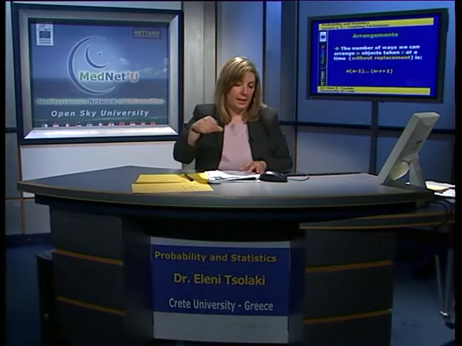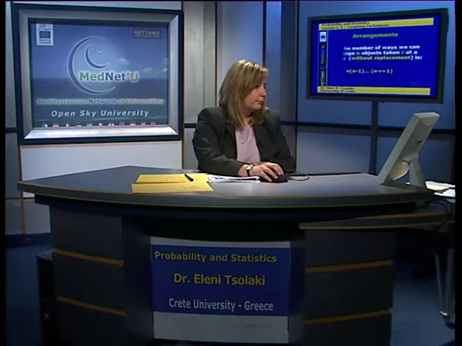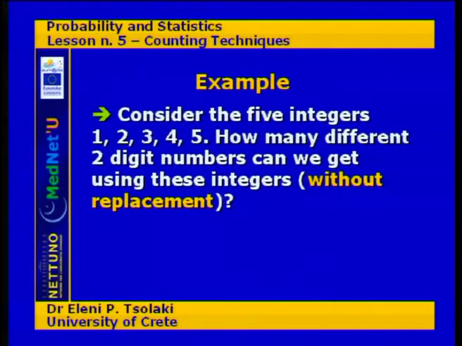Let's see an example. We consider the 5 integers 1, 2, 3, 4, and 5, and we want to see in how many different ways we can pick 2-digit numbers without replacement.